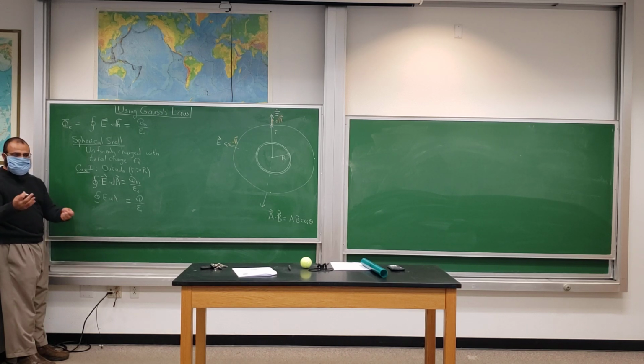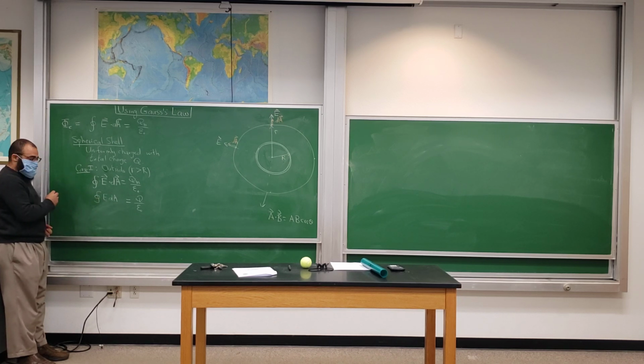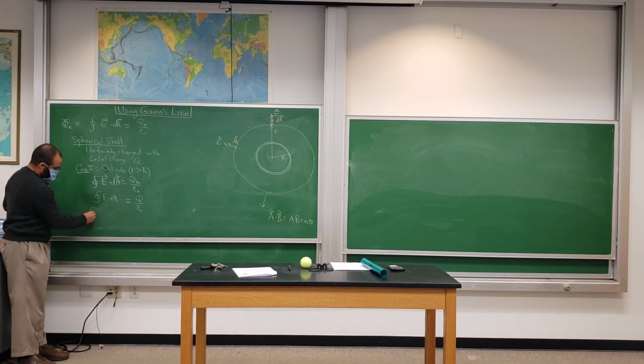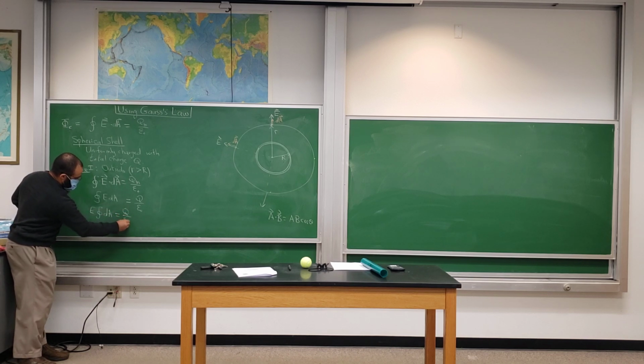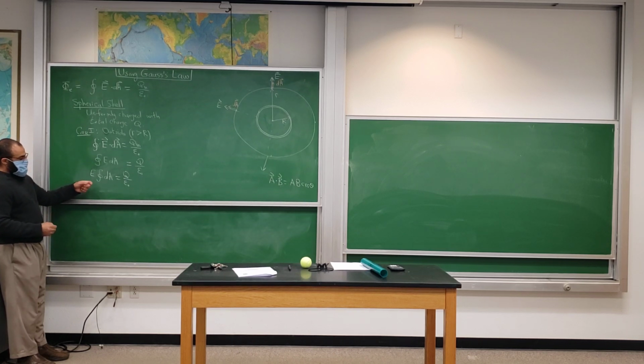So you don't want any vector signs. Now, here's the other simplification for why we chose the sphere: the electric field is constant over that sphere, so E can be pulled out.